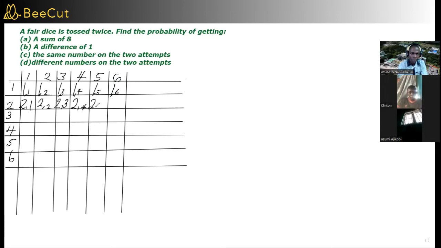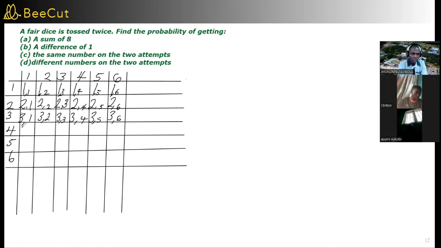And we continue like that to have 2, 5 and 2, 6. Then it's also possible we have 3, 1, 3, 2, 3, 3, 3, 4, 3, 5, and 3, 6.